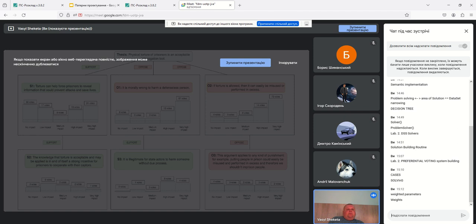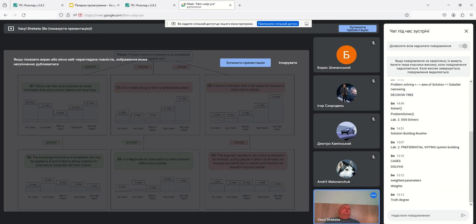From the area of mathematical logic, we can talk about the truth degree. Truth degree is a kind of predefined certainty of truth.